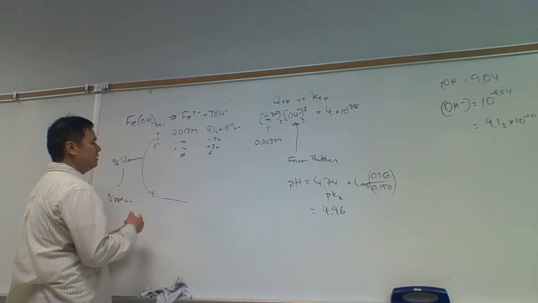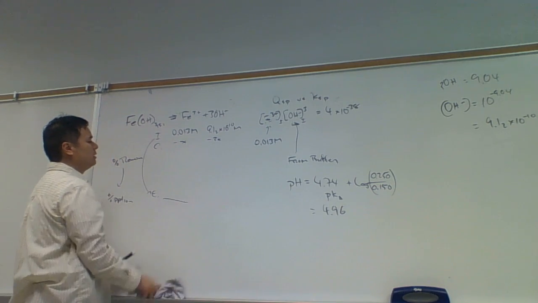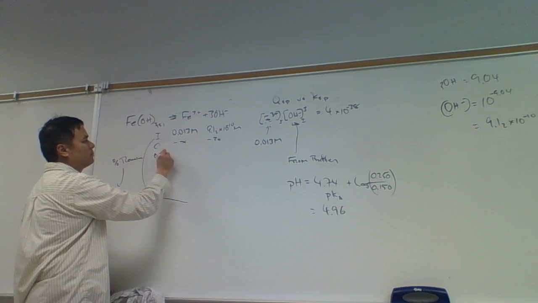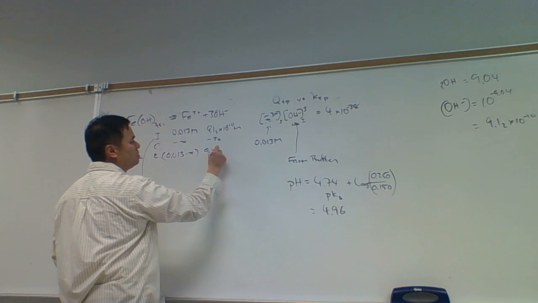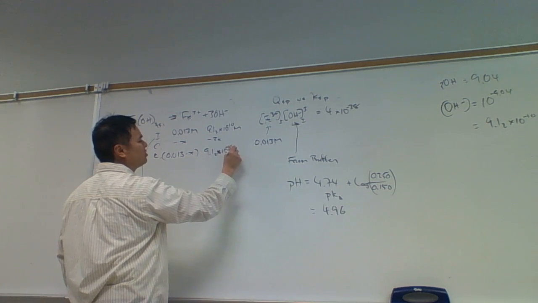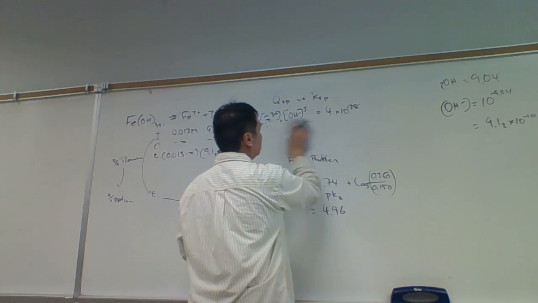I wouldn't calculate Q because the math looks bad. If we calculate Q and say it shifts to the left, then we get 0.013 minus x, and 9.12 times 10 to the minus 10 minus 3x, and we plug that in for a KSP.